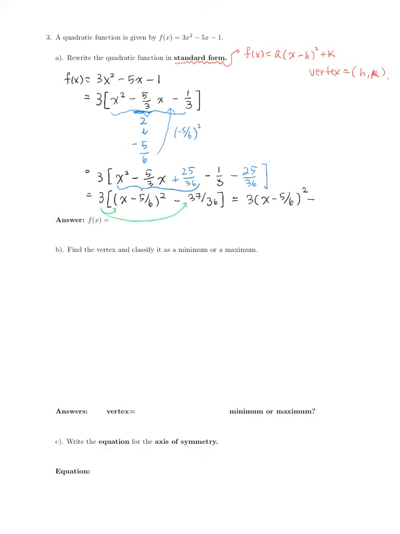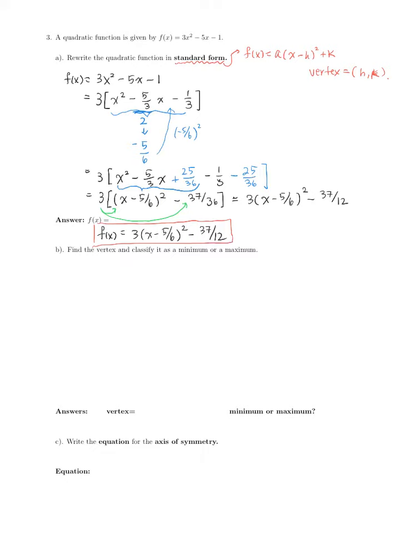You can cancel the denominator, the 3 into 36, and here what we're going to get is 37 over 12. So f of x is 3 times x minus 5 over 6 squared minus 37 over 12. Let me just box that for the answer.